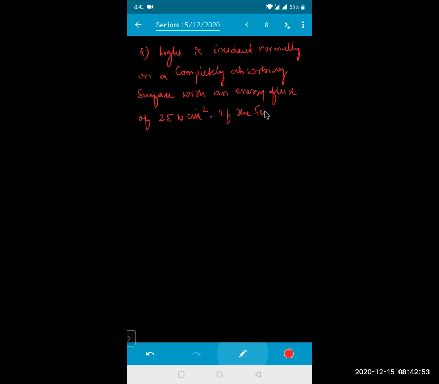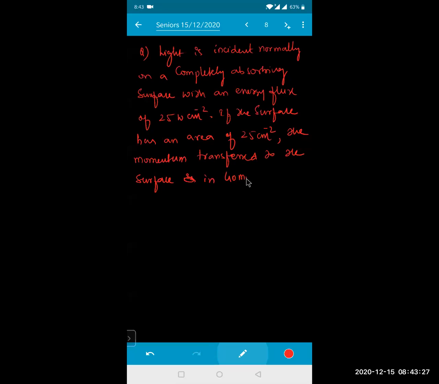If the surface has an area of 25 centimeter inverse square, the momentum transferred to the surface in 40 minutes time duration will be. Okay, try to do it out. Everyone try it.